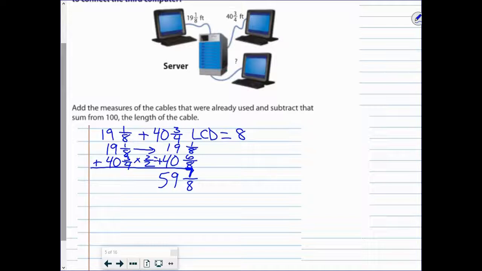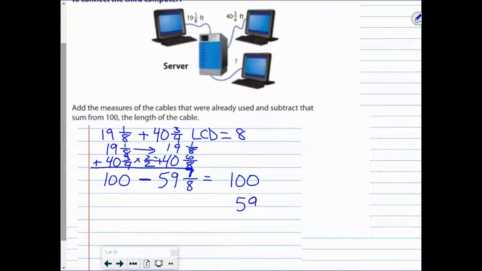So that means we are going to have to subtract the 59 7/8 that we've used from the 100-foot cord that we began with. Well, to do this problem, let's first write them up and down. I would put 100, my larger number, on top, and the 59 7/8 on the bottom.